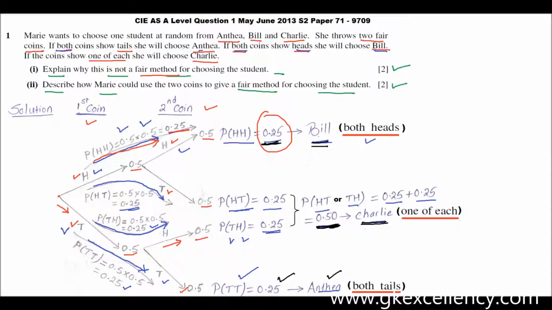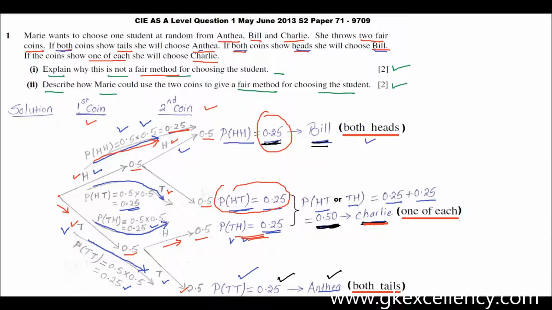So you can say I am choosing Bill. And again you can say head and tail here, only 0.25. Don't add this part here. Only the first one is head and the second one is tail, again 0.25. Then you choose Charlie. That will be a fair method, right?